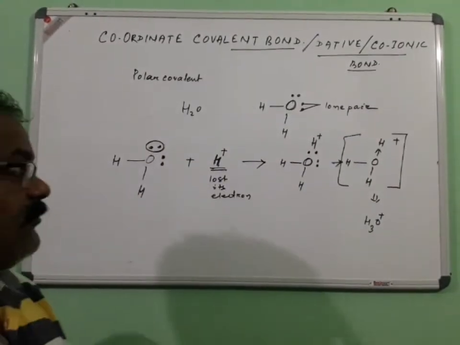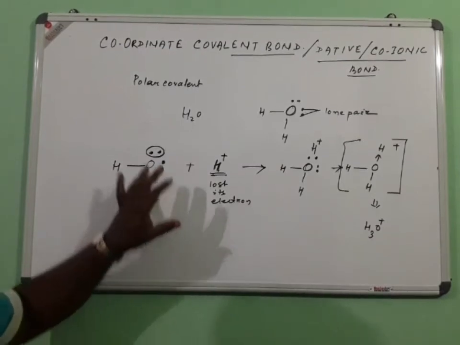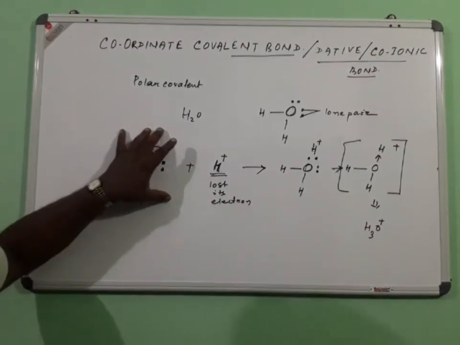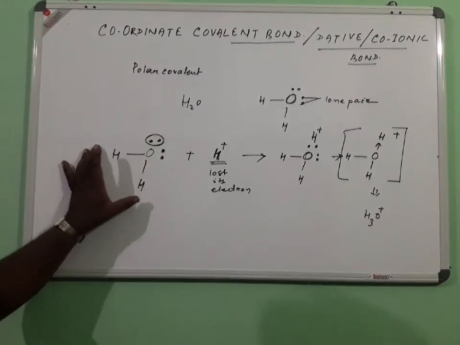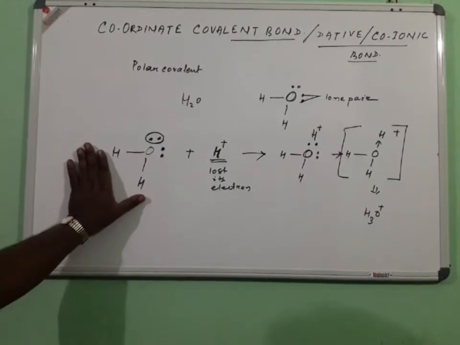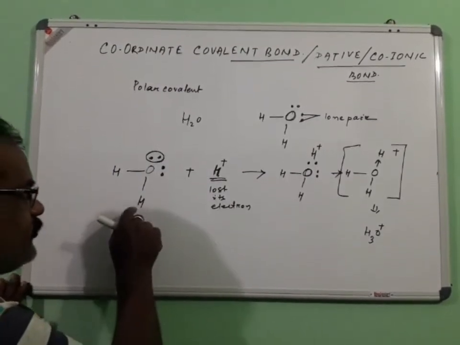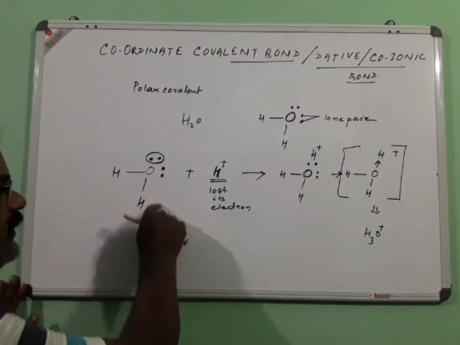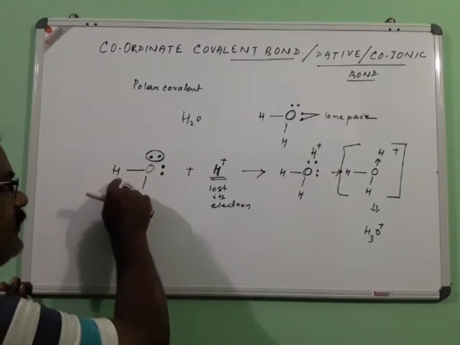Did you understand or not? Once again, look at the water molecule, which is a sort of polar covalent compound. Because of the polarity, hydrogen behaves as slightly electropositive, whereas oxygen has quite more electronegativity in comparison to hydrogen.